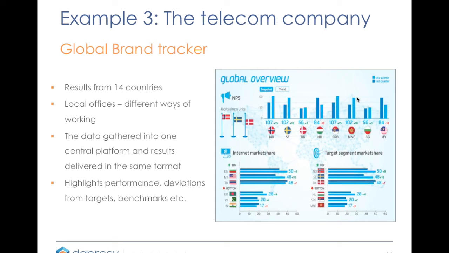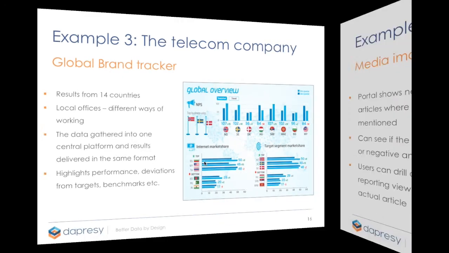But when using a system like this, the data is gathered into the same format, into one central platform, and the results are delivered in the same format. So it's easy for central management to deliver this to the boards and see where the company is performing well and not. And the local companies can get their results and compare themselves to others in a structured way.